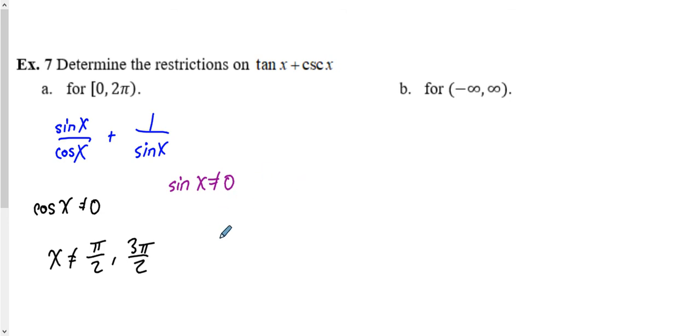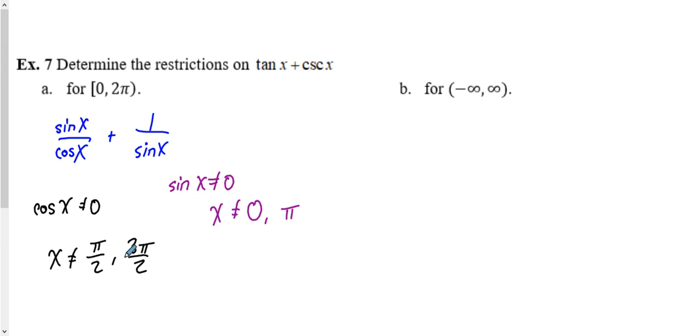So x here cannot equal 0 or pi. There we go. Those are all our restrictions between 0 and 2 pi, and again, we can't include 2 pi there. In this case here, our restriction is infinity, so we want to write down something in general so that we get all of our restrictions.